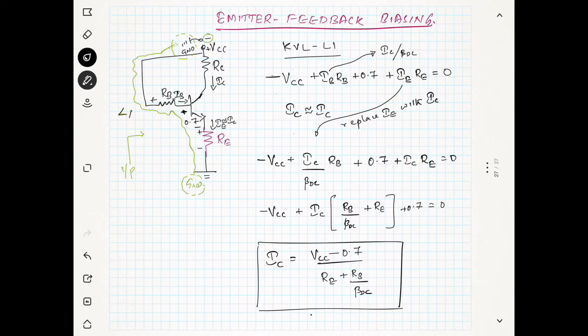Now we will find the VCE also. For finding VCE, we will again draw the circuit. You can see here VCC, this is plus VCC, and the minus of this is grounded. And we have RE, and here it is ground.